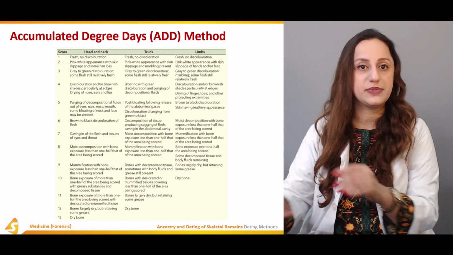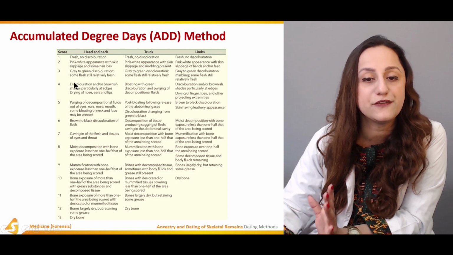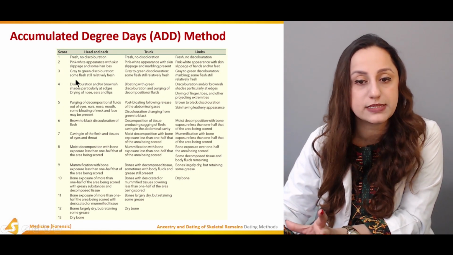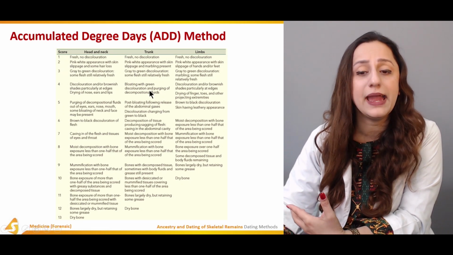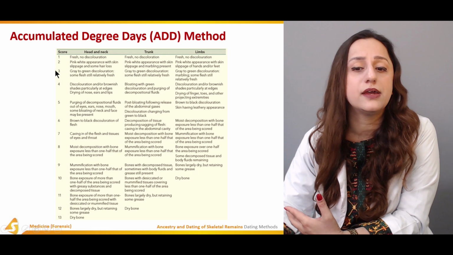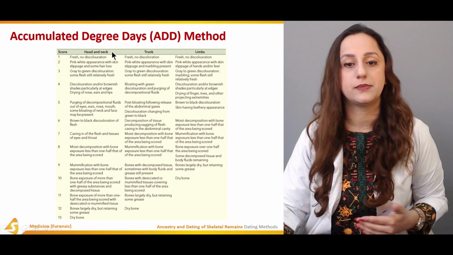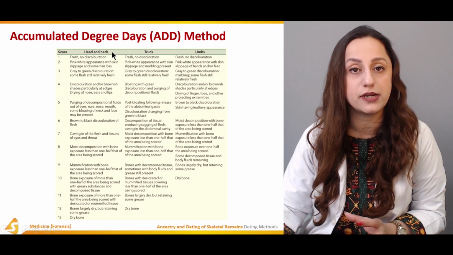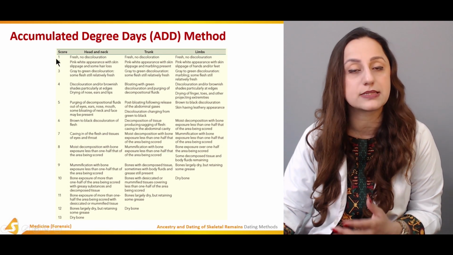So here is a chart which is involving the scoring system. On the left hand side, we have the scores that were devised from 1 to 13, and depending upon, here we have the head and neck features. For example, if we have fresher head and neck with no discoloration, the scoring is 1.